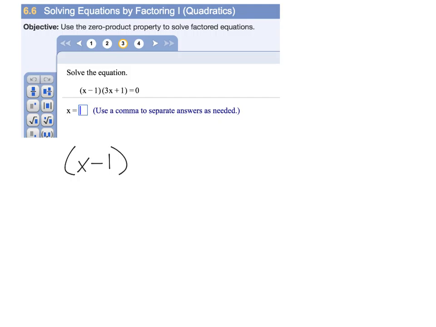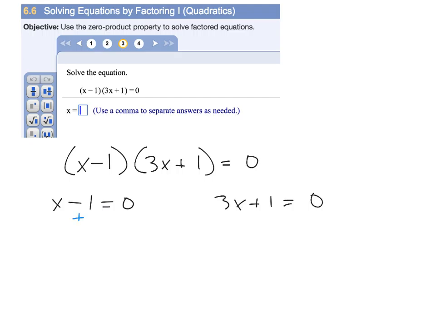So you've got x minus 1 and 3x plus 1, and that is equal to 0. So that tells us either x minus 1 is equal to 0 or 3x plus 1 is equal to 0. So now we're just going to solve using algebra. We're going to add 1 to both sides.